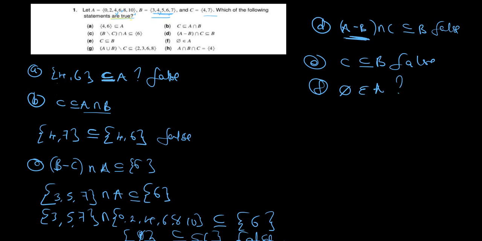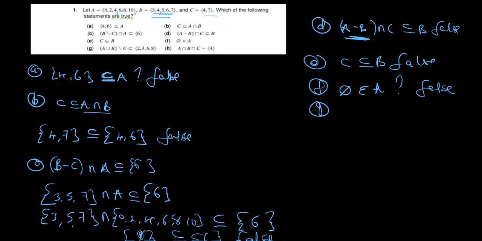This was going to be true if we had A being listed as A equal to this. Now A has members, so an empty set cannot be equal to A because A has members. So this is false. It's not true. A has members, but an empty set doesn't have any members, or just a member. So that's false. Okay, F.